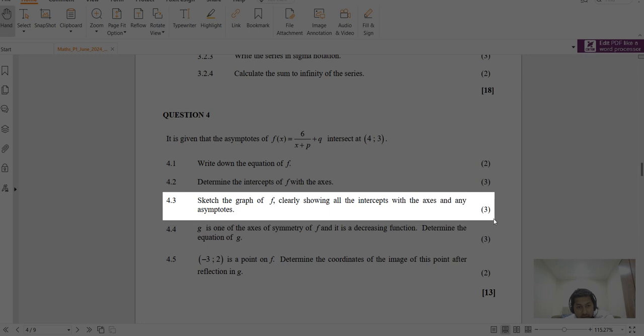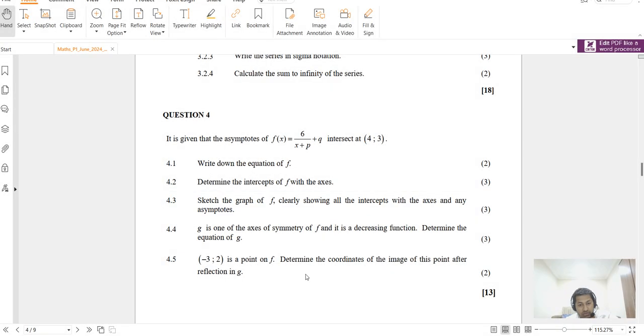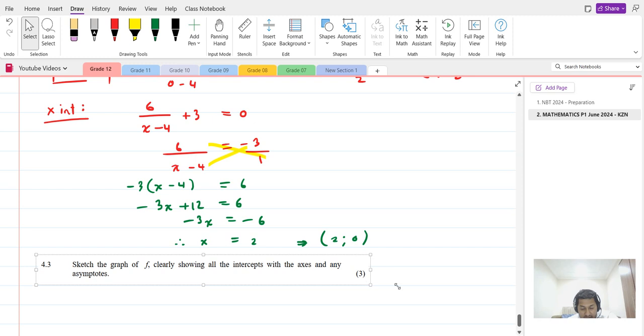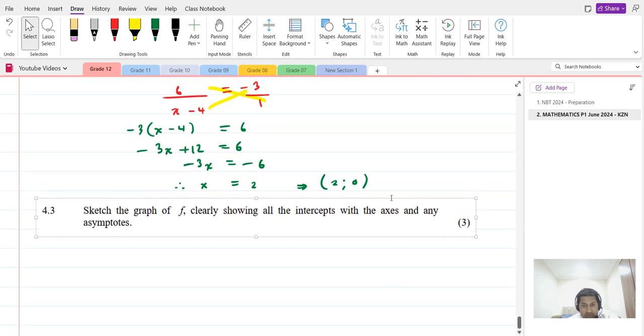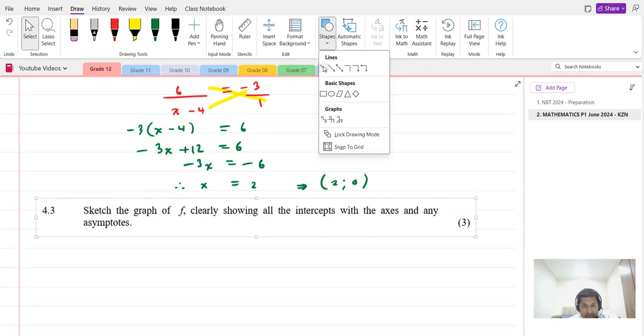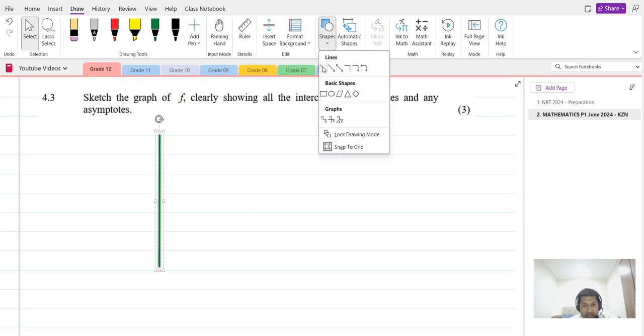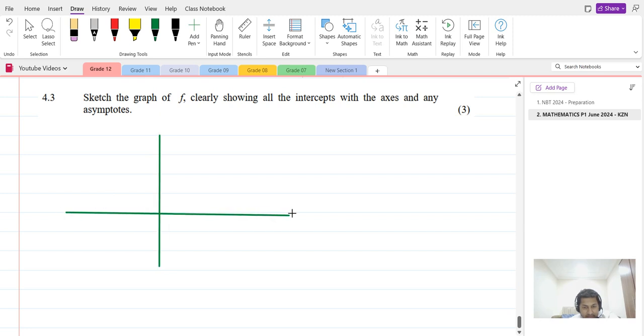Sketch the graph of f, clearly showing the intercepts with the axis and any asymptotes. Right, so we're going to sketch this graph. First we know our horizontal and vertical asymptotes. We just need a rough sketch.